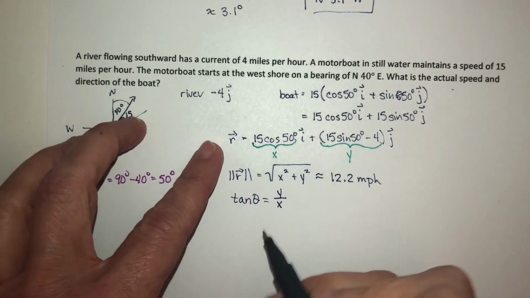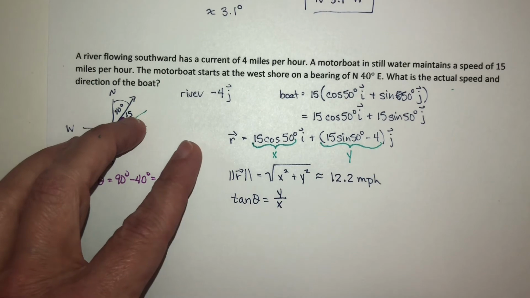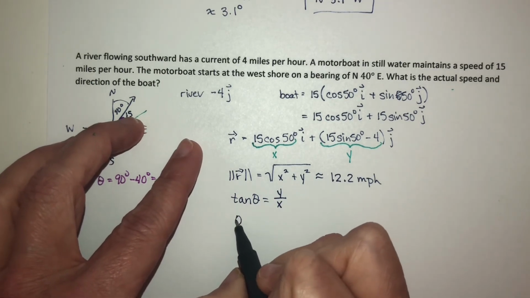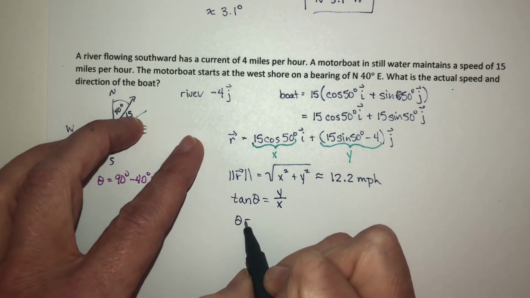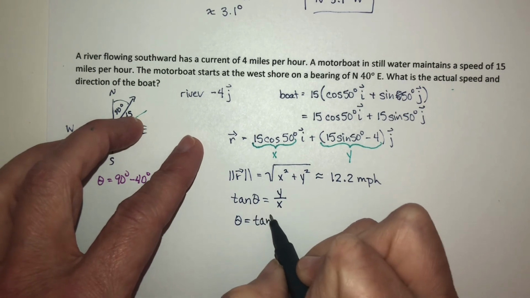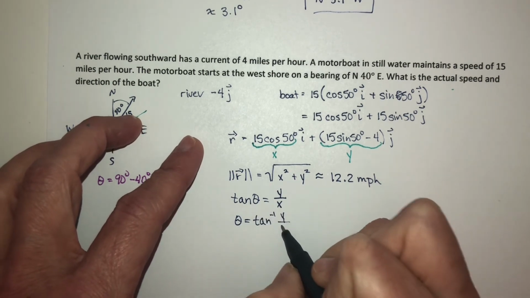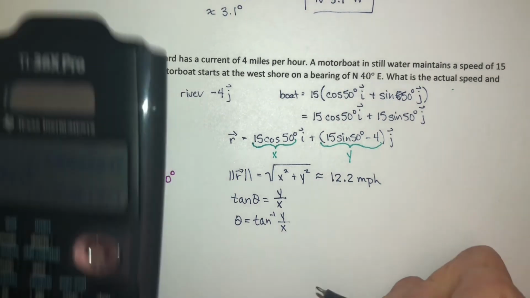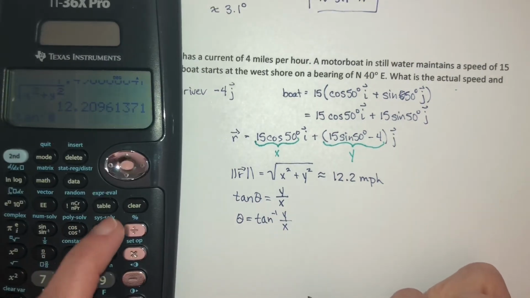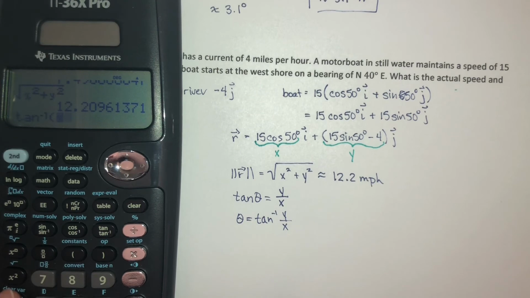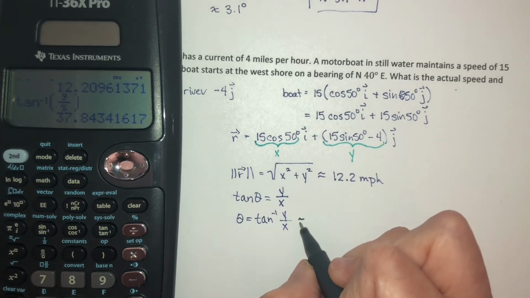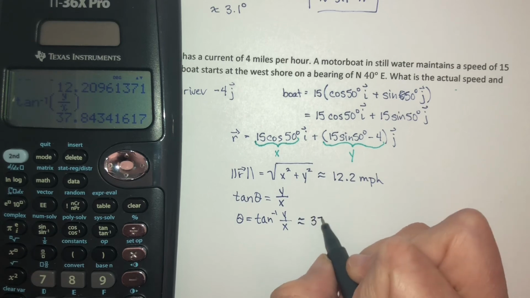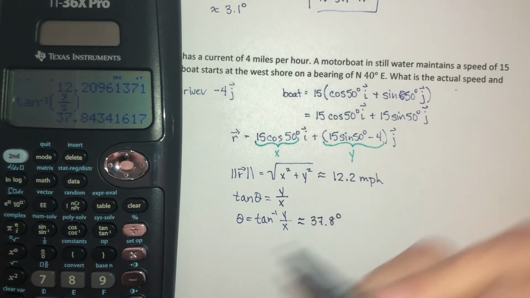So rather than writing the whole thing down, I've defined new variables. That means theta is going to equal inverse tangent of y over x. So let's see what that gives us. Inverse tangent of y over x, and we get that theta is approximately 37.8 degrees.